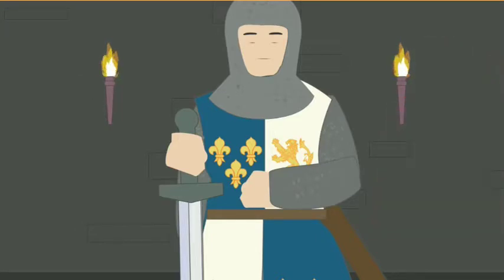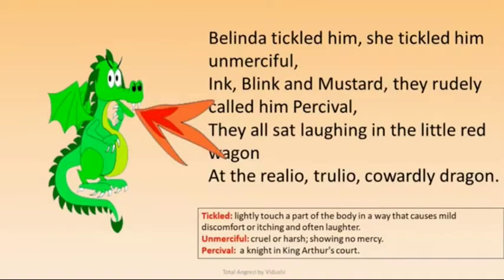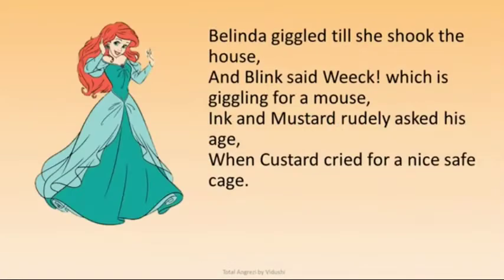He used to run away every time he saw incoming danger. So that is why the poet has compared Custard the dragon, although he spits fire from his mouth, to Percival, because he was still a coward. They all sat laughing. It means that they used to sit together in the red wagon and make fun of Custard the dragon because he was a coward.